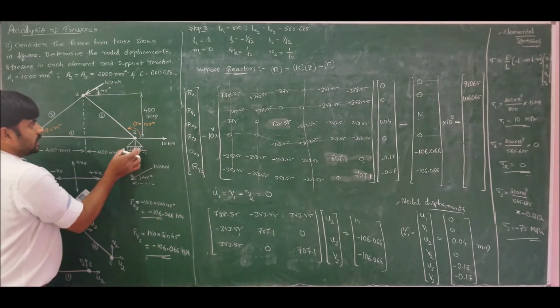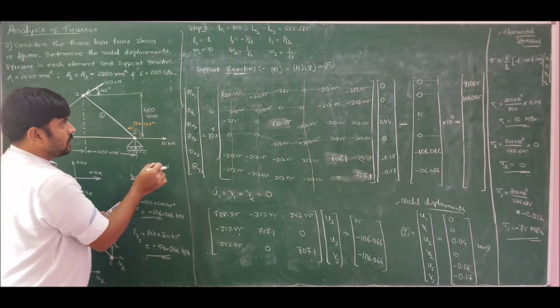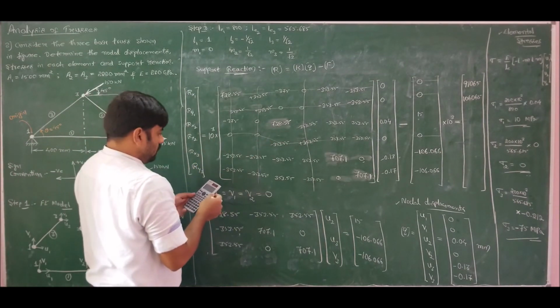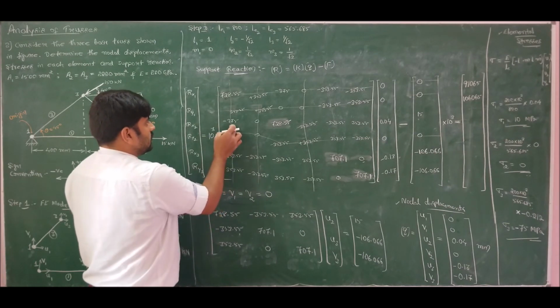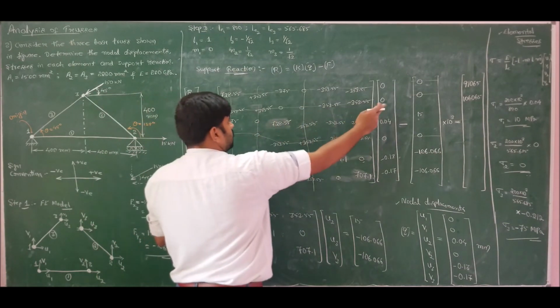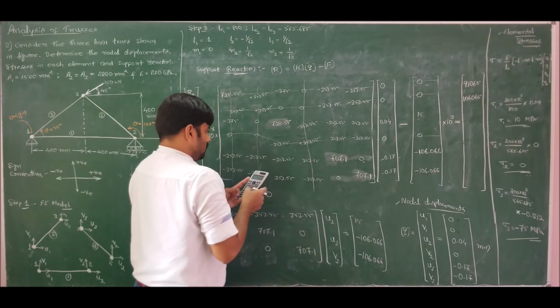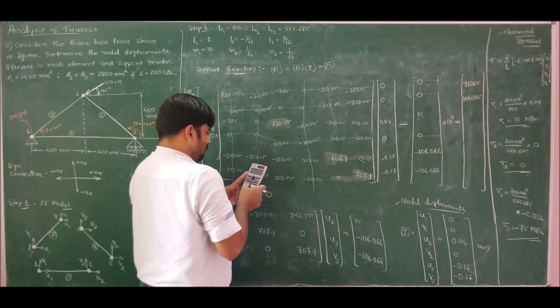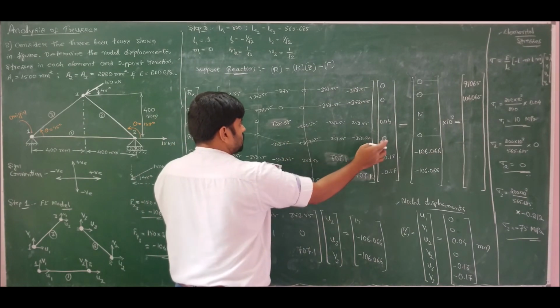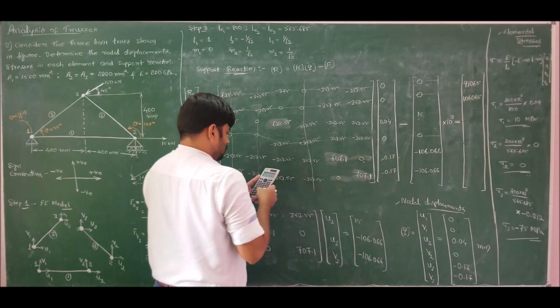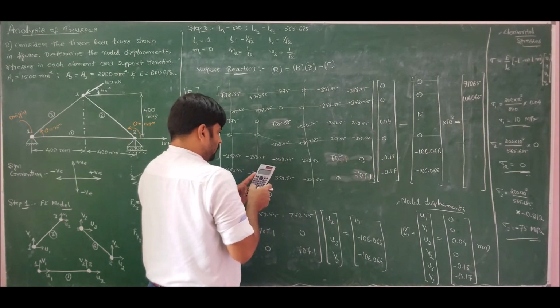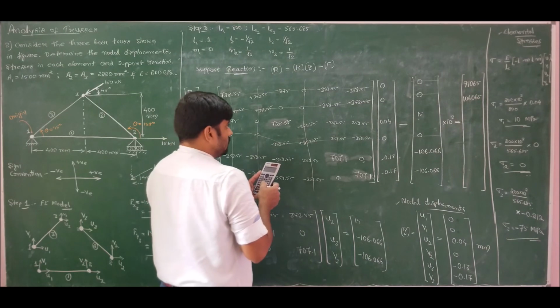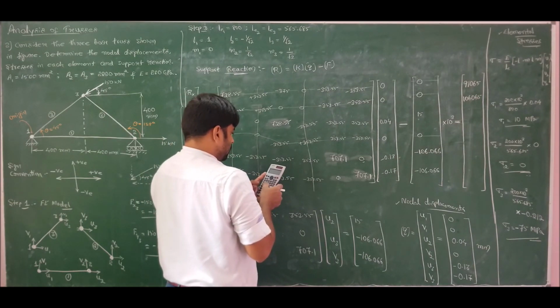Next, coming for Rx2 and Ry2. If you observe, in the x direction we have roller support, so therefore we don't have any reaction. Let us calculate, it should come nearly equal to 0. So this will get multiplied with 0, leave 0 into this with 0, this into 0.04, that is 728.55 into 0.04 plus this term will get multiplied with 0, these two will get multiplied with these two, that is minus 353.55 into minus 0.13 plus 353.55 get multiplied with minus 0.17.